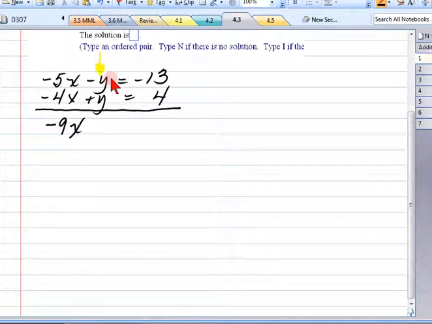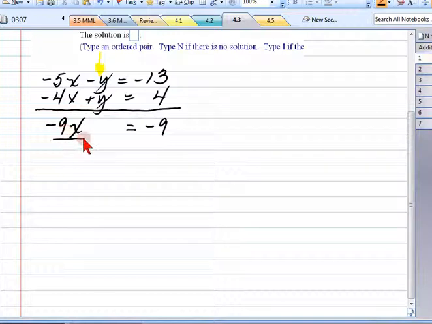What happens when you add negative y to positive y? They cancel out, and I don't need to write plus 0. Equal sign. What is negative 13 and positive 4? It is negative 9, because I subtract and keep the sign of the big one. Now, you should get an equation that only has one variable in it, which means you know how to solve it from chapter 2.